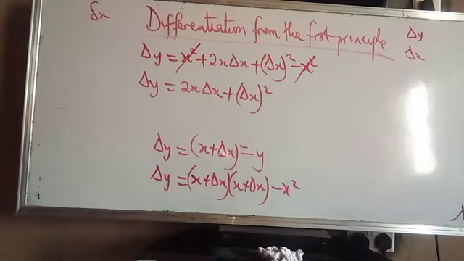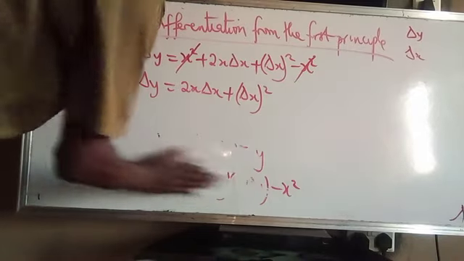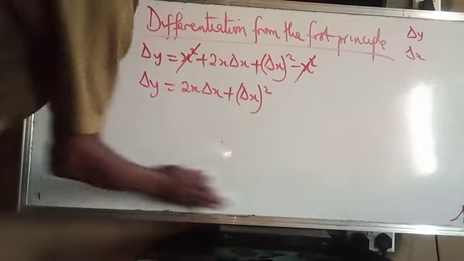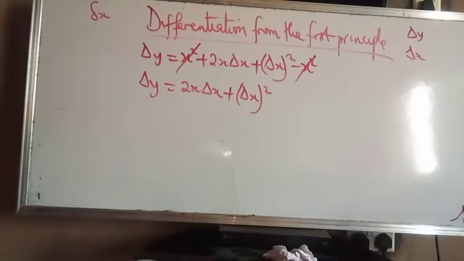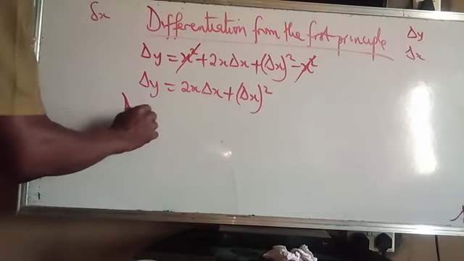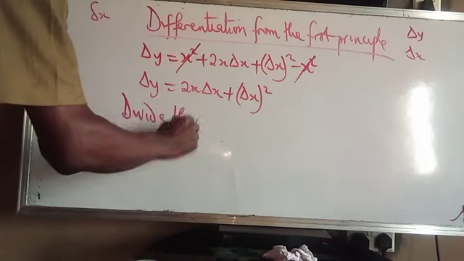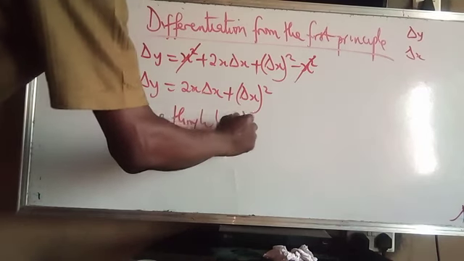Now, for us to get the rate of change of y with respect to x, we have to divide through by delta x. Now divide through by change in x.